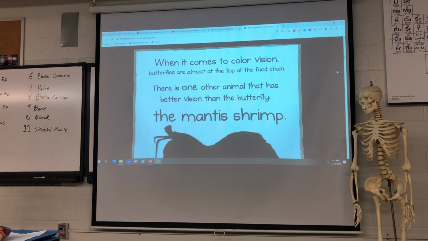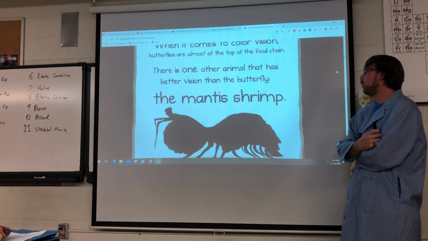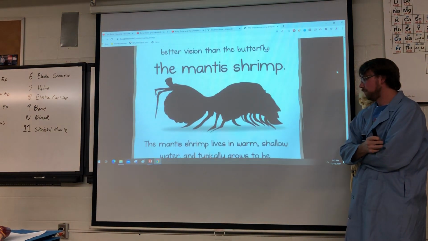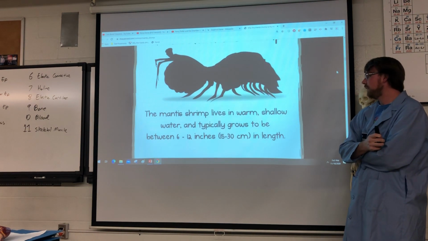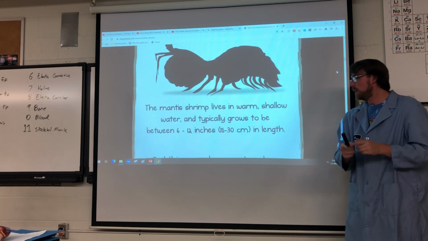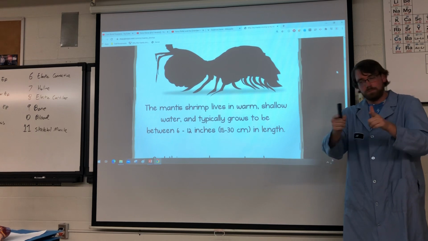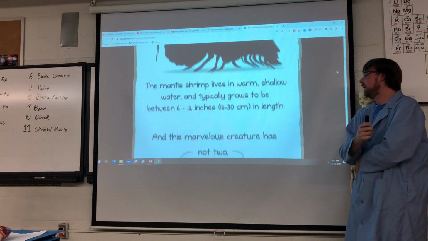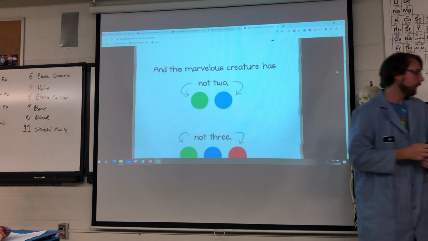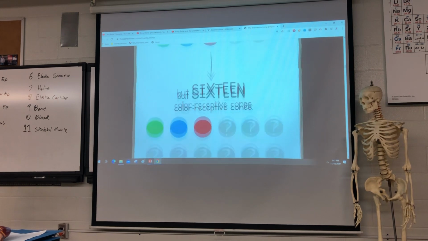But when it comes to color vision, butterflies are almost at the top of the food chain. There's one other animal that has better colored vision, the mantis shrimp. The mantis shrimp lives in warm, shallow water and typically grows to be about 15 to 30 centimeters long, about yay big. And this creature does not have 2 cones, or 3, or 5.